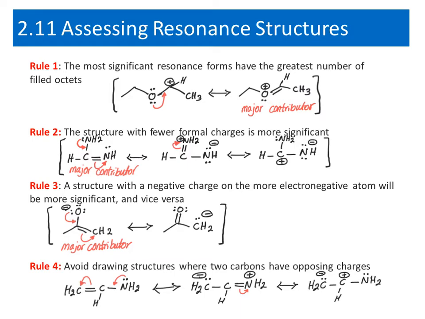So this structure is not a good structure. It is opposing rule number 4, so we need to avoid that. We cannot draw this resonance structure. Okay, this is not a good resonance structure.